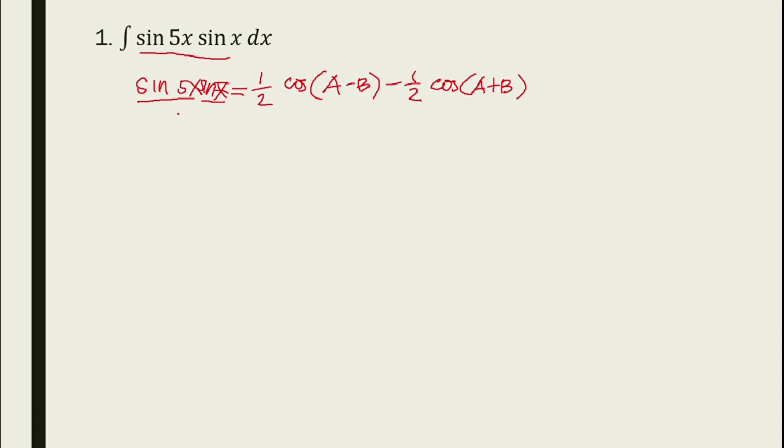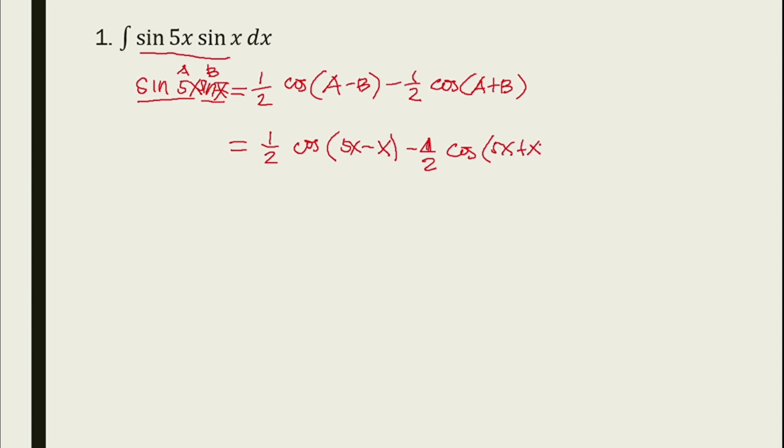So we will transform it into 1/2 cosine of, what is our A? We have here 5x minus B, which is x, minus 1/2 cosine of 5x plus x.